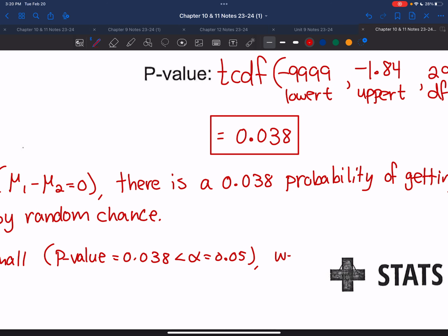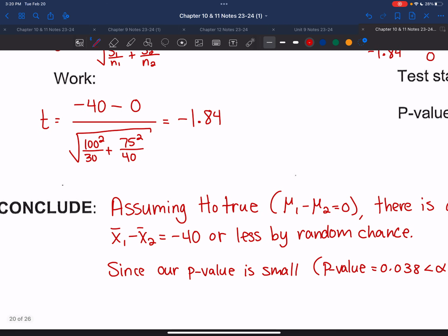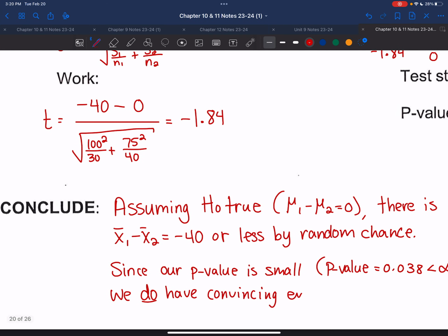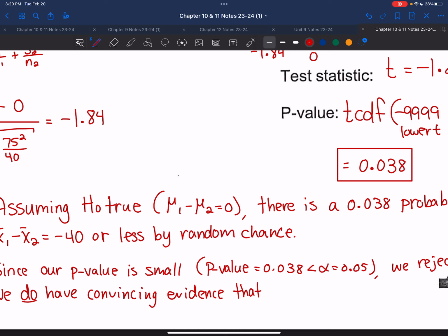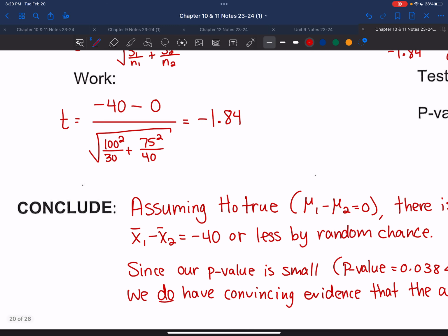I'm going to say we reject the null, and then we can say we do have convincing evidence that the average calories per receipt is less at locations that list calories.